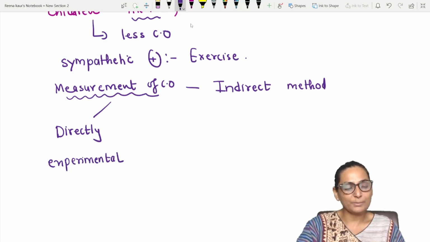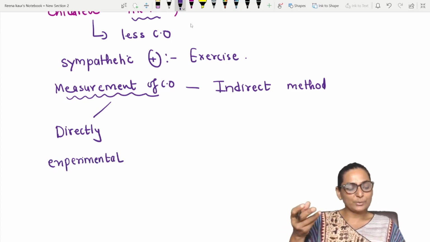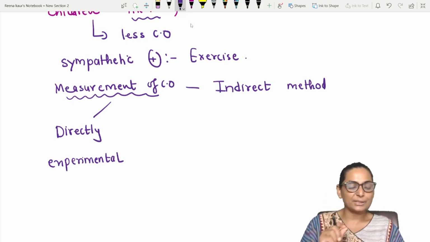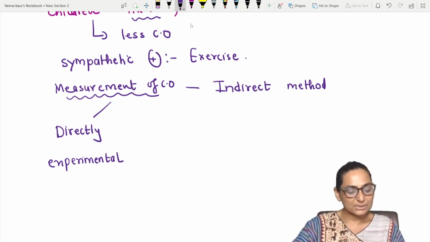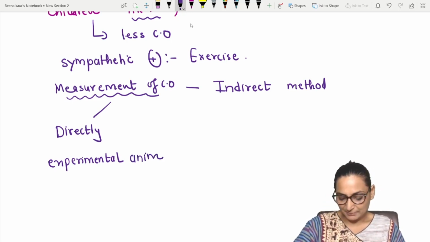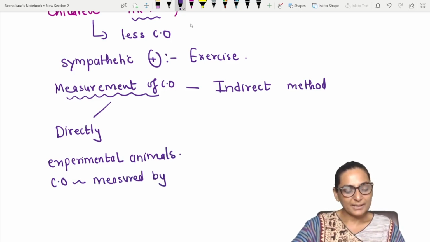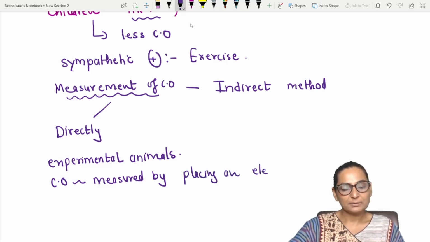You don't do it in human beings, because what you are doing is putting an electromagnetic flow meter directly into the ascending aorta.